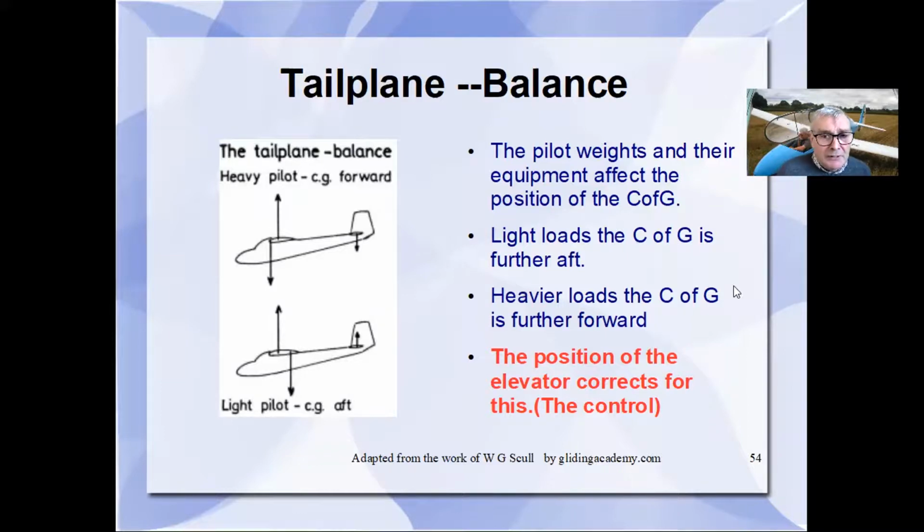So the center of gravity itself moves within limits between a maximum forward position and a maximum aft position. The elevator is used to correct for this, and if we're outside of those limits, well, that's what the placard is for. So if you're greater than the maximum weight or less than the minimum weight, then you will be outside of the limits for the aircraft.